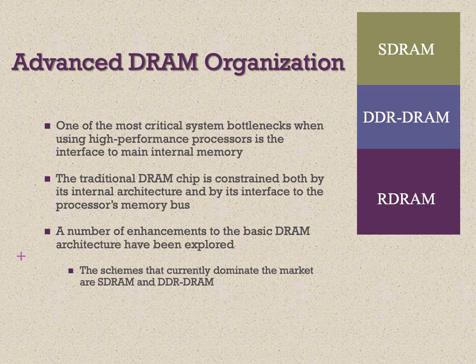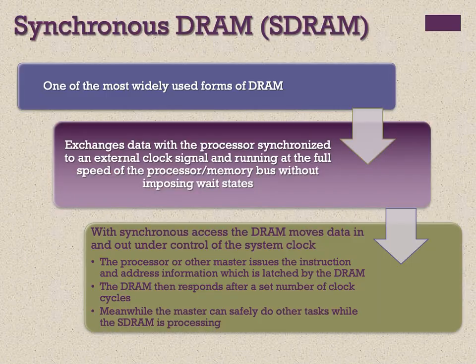A number of enhancements to the basic DRAM architecture have been explored. The schemes that currently dominate the market are SDRAM and DDR DRAM. This is what we discussed before. We discussed the structure of DRAM in the previous lecture, but here we are talking about synchronous DRAM, or SDRAM. This is one of the most widely used forms of DRAM, and it exchanges data with the processor synchronized to an external clock signal and running at the full speed of the processor memory bus without imposing wait states.